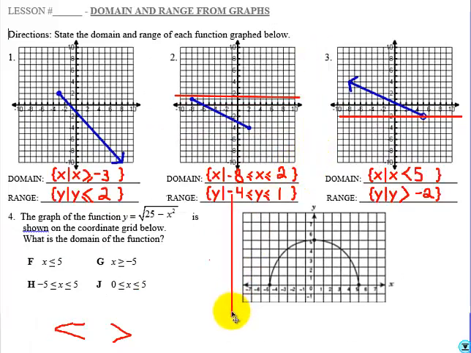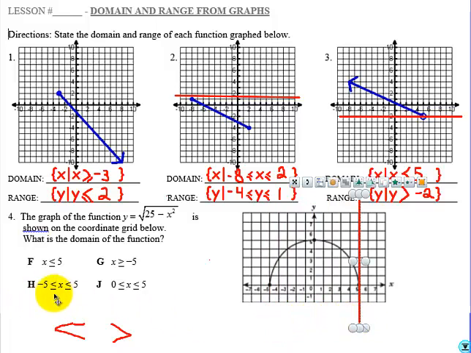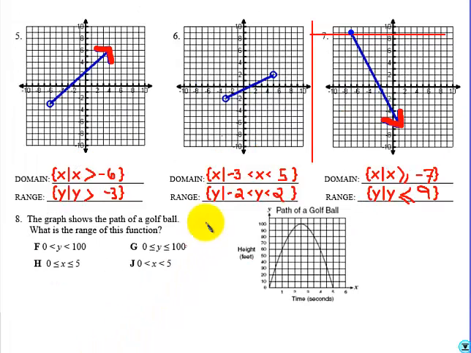Alright, and we're going from left to right, so my first beginning point is at -6. Okay, I'm sorry, -5. And it is a solid point, so that means I'm going to have a dash. And my last place will be at 5, positive 5. So what is my right answer? Letter H. Okay. Alright, let's go try the next problem.